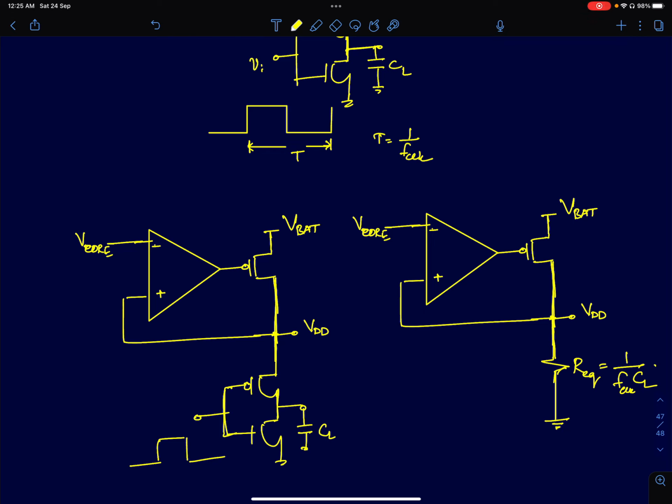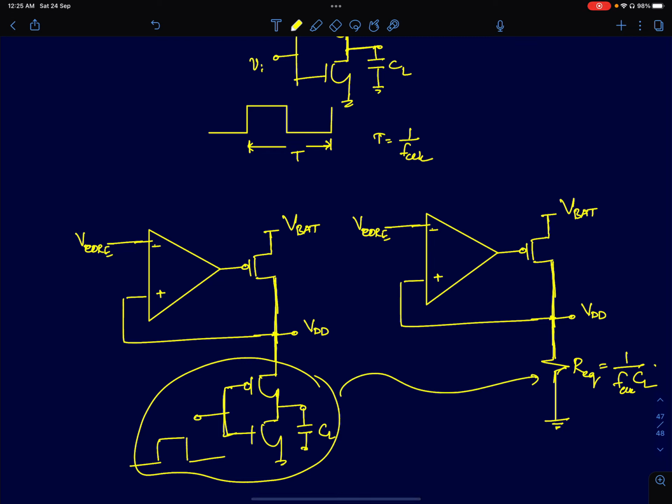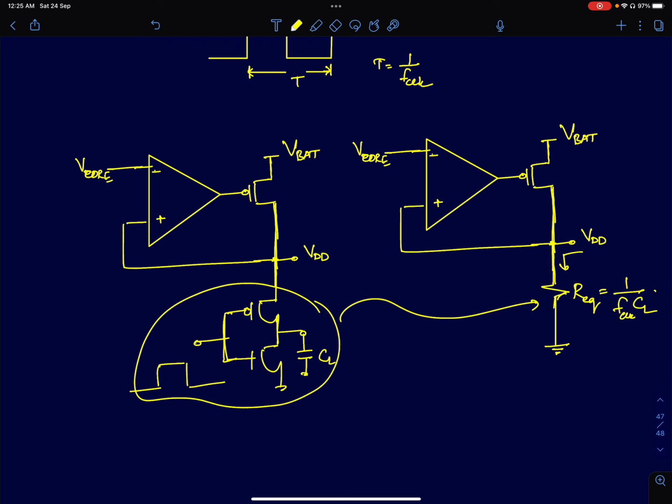Since the inverter is a large signal circuit with switching behavior, we will not be able to do the conventional AC analysis. To do that, we will replace this inverter with its equivalent resistance. On an average, we know the inverter is going to offer a switched capacitor load, or an equivalent resistive load. So I can just model this CMOS inverter, or generally any digital circuit with switching inputs.